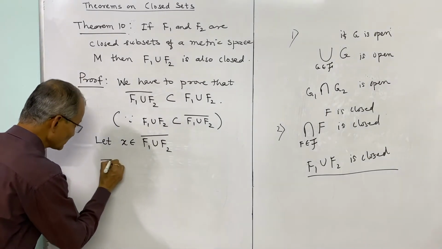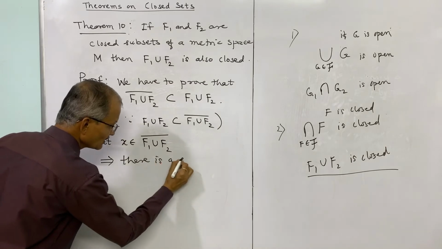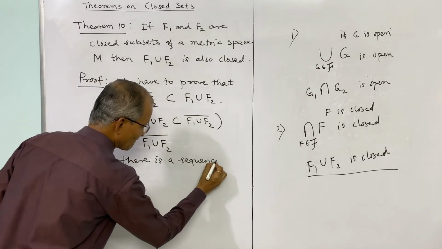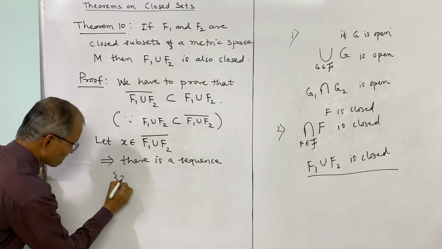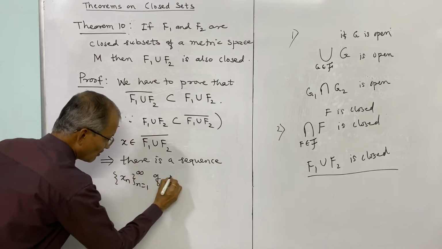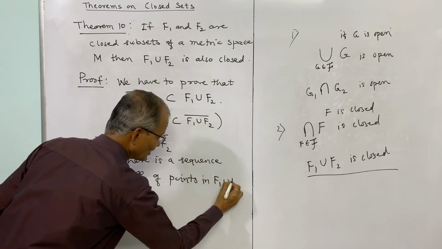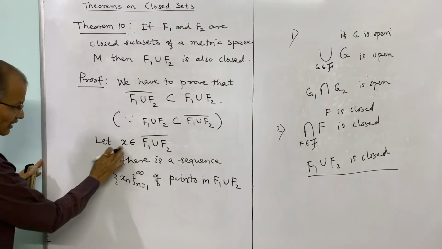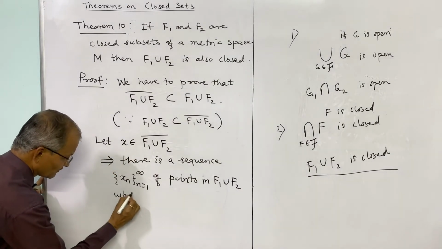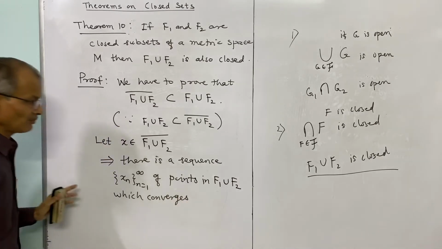So this implies there is a sequence Xn of points in F1 union F2 which converges to X. This is the meaning of limit point.